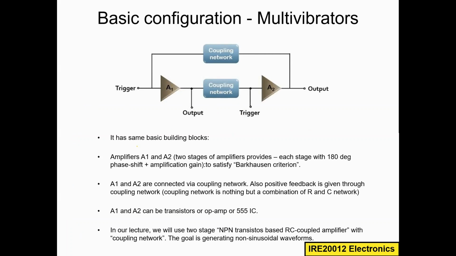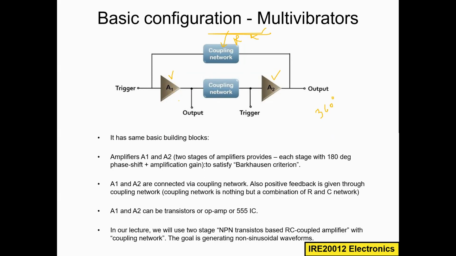Here also we have the same basic building blocks. We have amplifier stage 1 and amplifier stage 2, that is transistor 1 and transistor 2, and we have the coupling network in between. This coupling network is made by resistors and capacitors. A1 and A2 provide the required phase shift of 360 degrees, that is 180 plus 180.